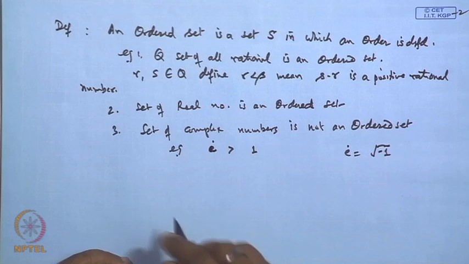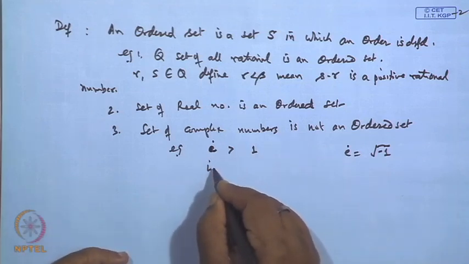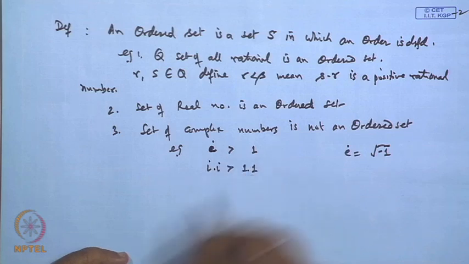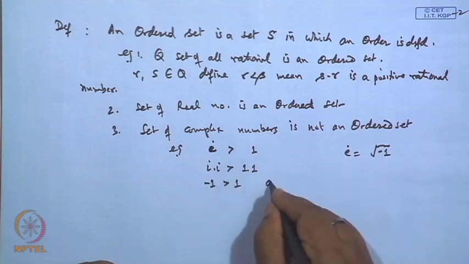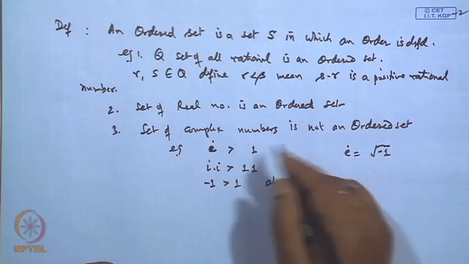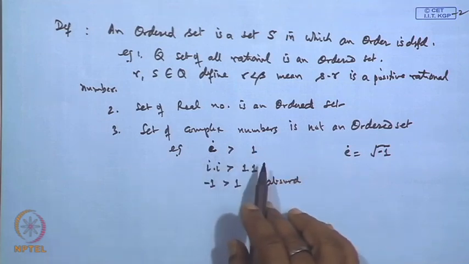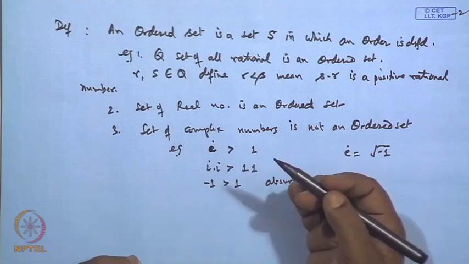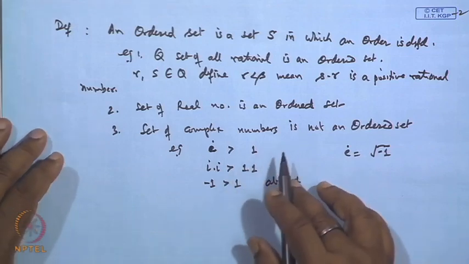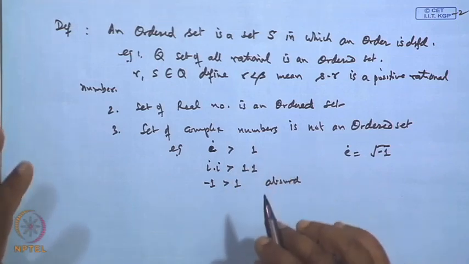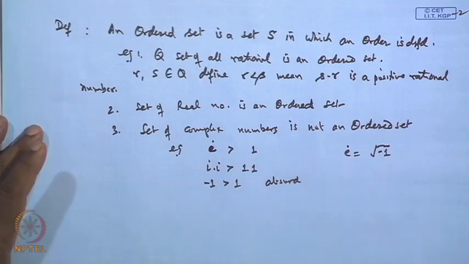So, i is greater than 1, it means it is positive, we are assuming. So, i into i is greater than 1 into 1, that is i square, which is minus 1, is greater than 1, which is absurd. It means our ordering which we have introduced is not correct. Similarly, one can show that if i is less than 1, we again get a contradiction. So, we are unable to introduce the order over the set of all complex numbers, that is, the set of complex numbers is not an ordered field. Field we will discuss in algebra.